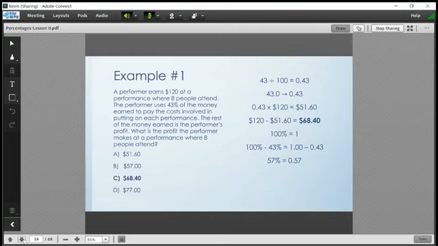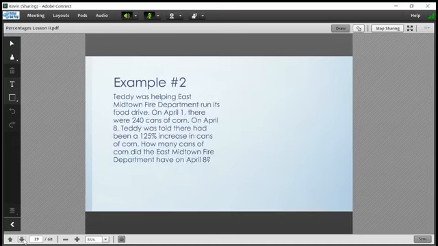So by doing the subtraction ahead of time, instead of figuring out the cost, I'm figuring out the profit right from the beginning. And again, I'm going to take the $120 and multiply it, because it's percentage of, so it's multiplication, times the 0.57. And yet again, I get 6840, which still gives me the correct answer.